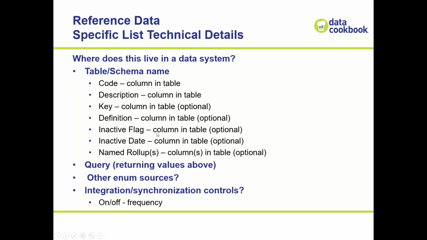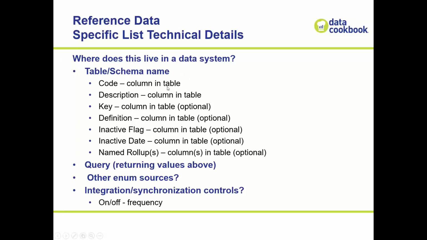If your data system supports some sort of statuses for values, you can pull in the status and the date, and maybe there's a little translation you have to do there. And if there are roll-up values that you can pull somehow, you can pull those in as well, to document where this lives and how you can find this out.